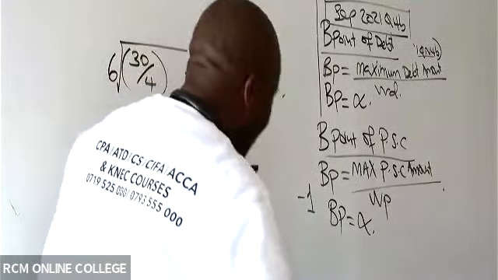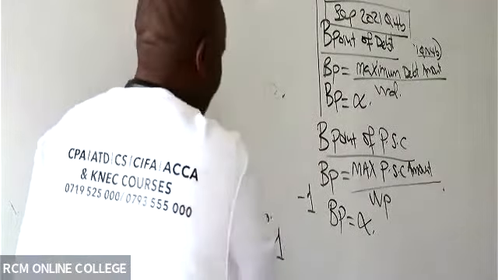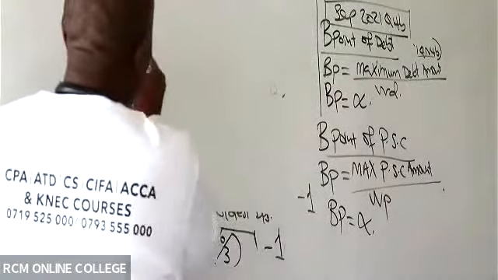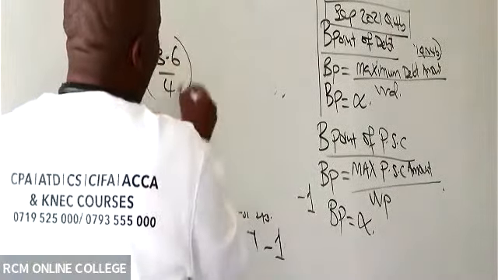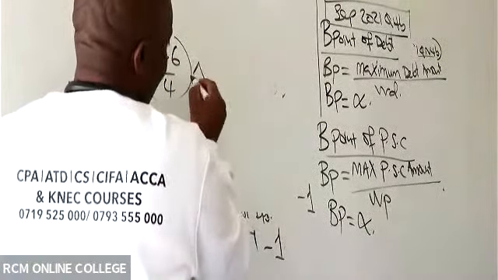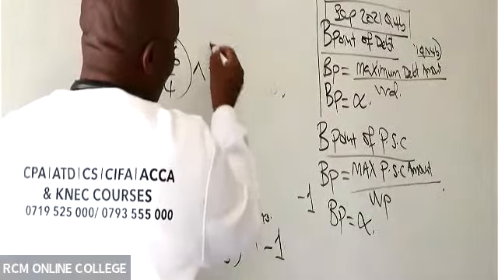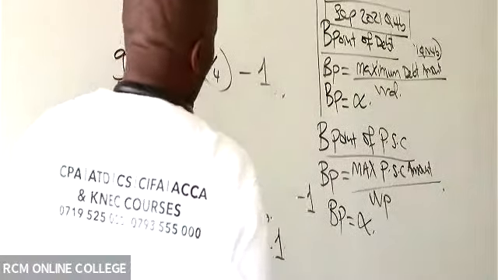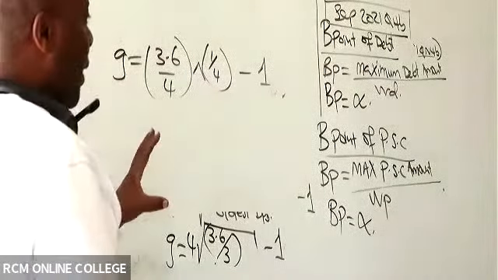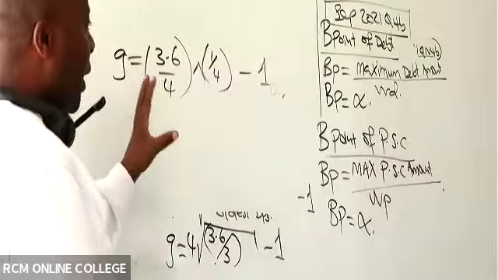Let me repeat this, ladies and gentlemen. So I'll say G is 3.6 over 4 raised to a quarter, and then I subtract what here? I subtract 1, so long as I remember to put everything contextually in brackets.